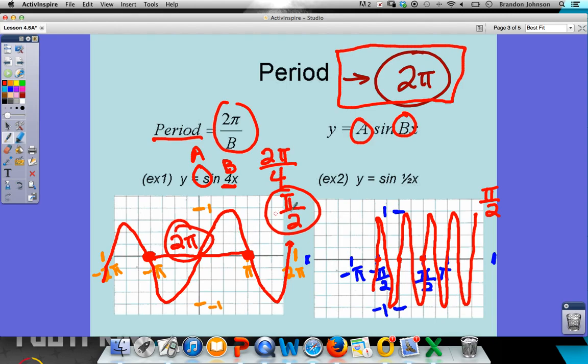Now over in this right side, if I were to graph sine of 4x, what I would do is I would continue to go up 1 and down 1 because of the amplitude being the same. Except now what I would have to do is I would have to make sure that from 0, and again right here this is pi, I kind of stretched it out so you could see, and this is pi over 2.